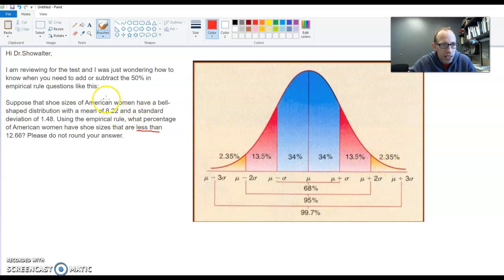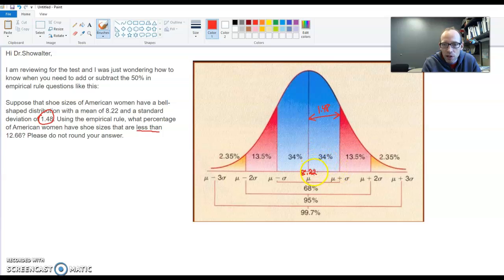So the question here tells us that the mean is 8.22. Let's go ahead and write that here. So we have 8.22. Now we also know that one standard deviation is equal to 1.48. The problem tells us that right here. So that means if we wanted to, we could write out what each of these boundaries are.